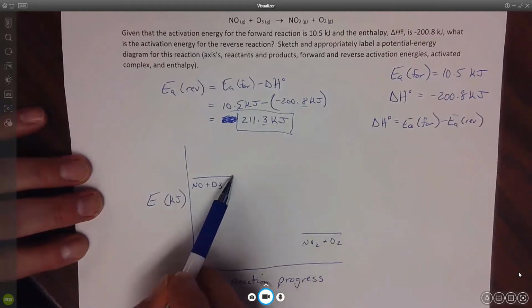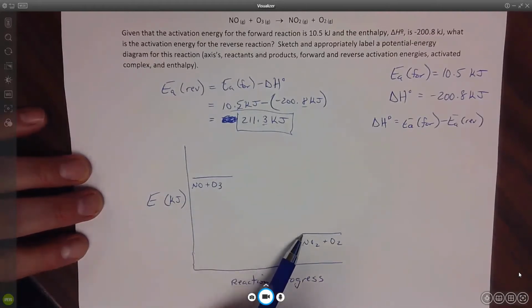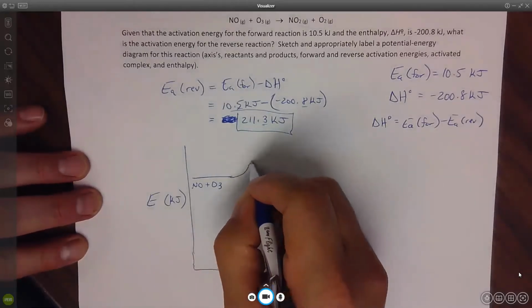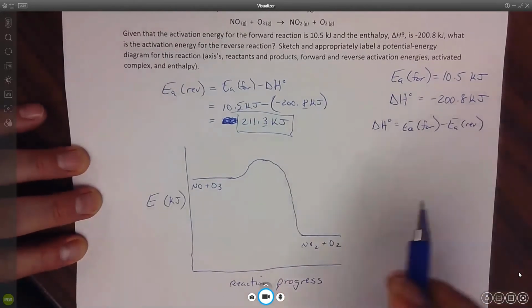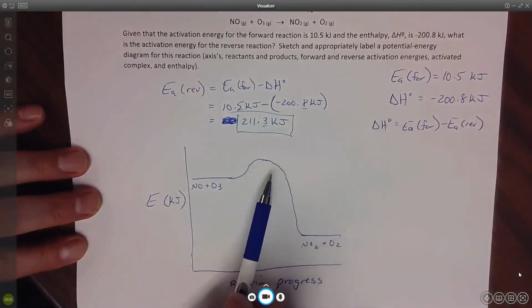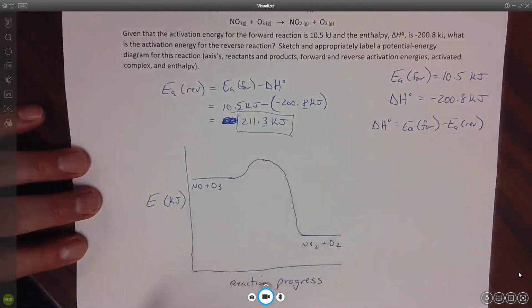Just go straight from here to here? Well, it's actually going to have a hump, right? It's going to go like this. There's going to be a hump. And what is this hump? The activation energy. Yeah.